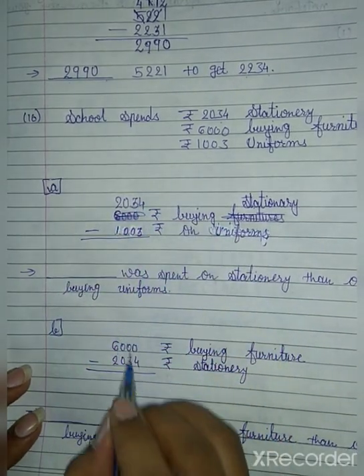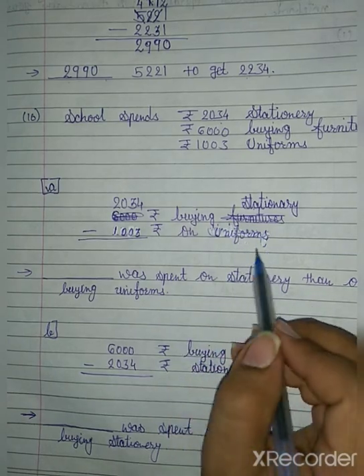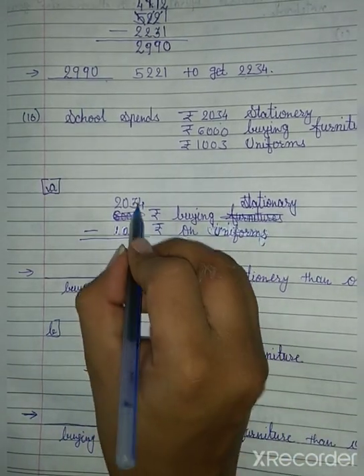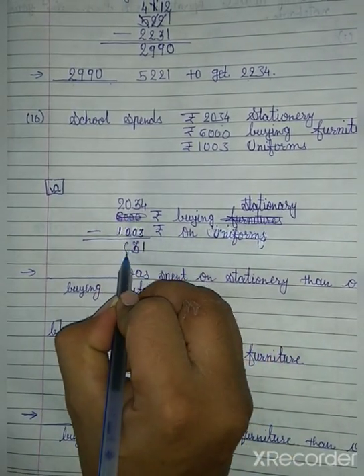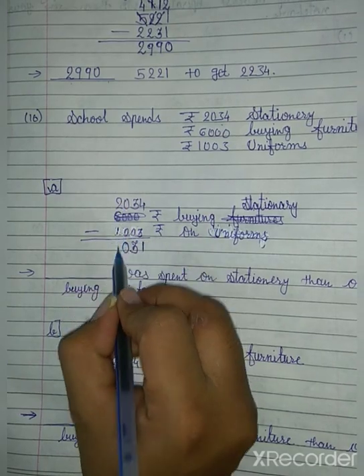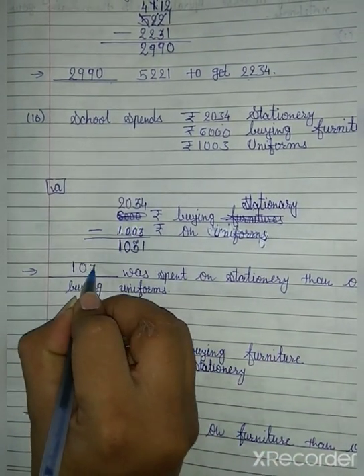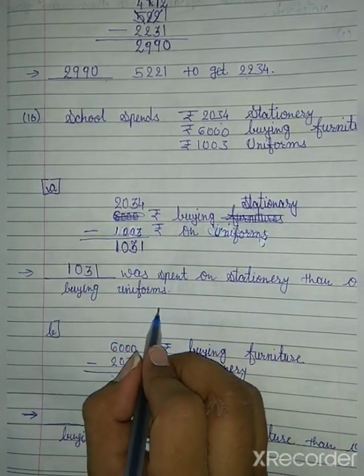So what we have to do? We have to subtract stationery minus uniform. So what we get? 4 minus 3 is equal to 1. 3 minus 0 is equal to 3. 0 minus 0 is equal to 0. And 2 minus 1 is equal to 1. So 1031 more was spent on stationery than on uniforms.